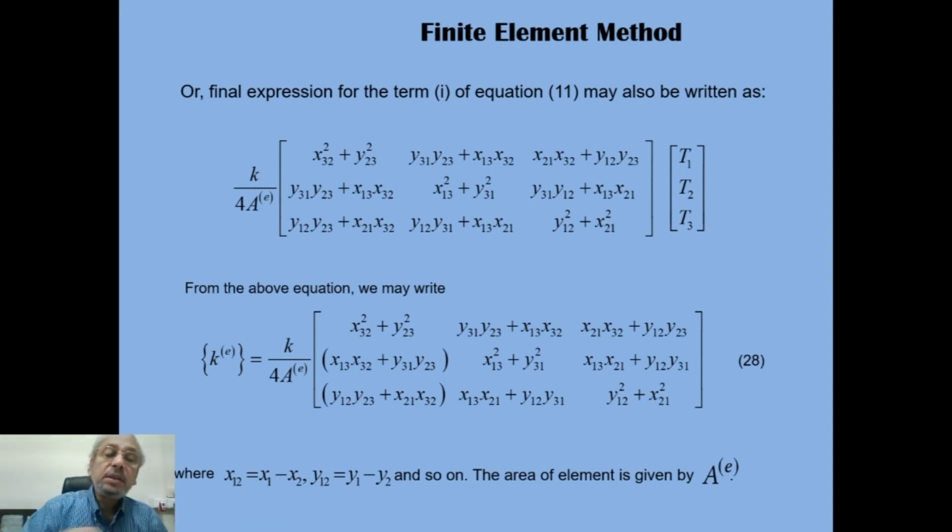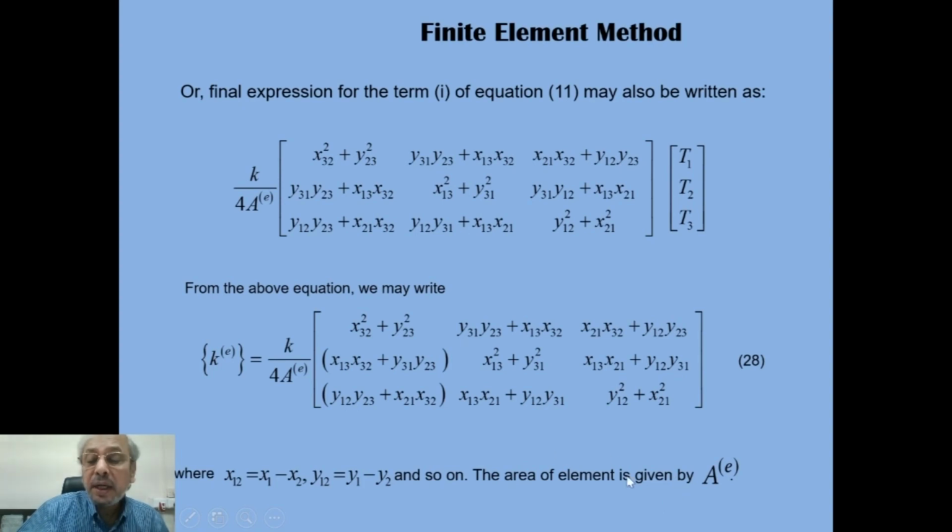And obviously we know the meanings of quantities like x32 or y23. We have written it also here: x12 is x1 minus x2, y12 is y1 minus y2, and so on.